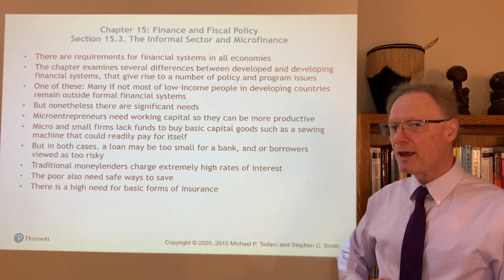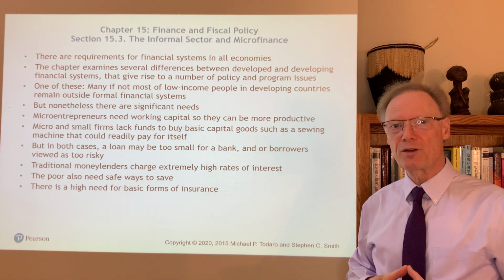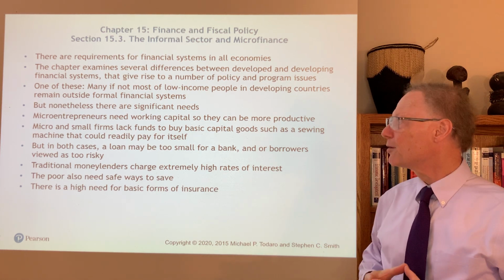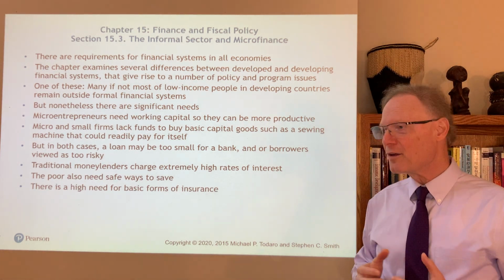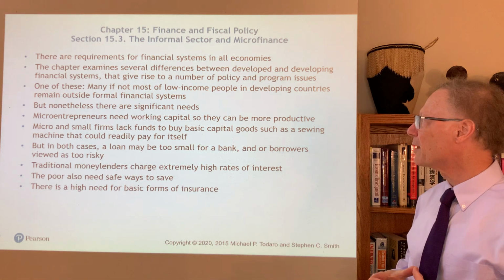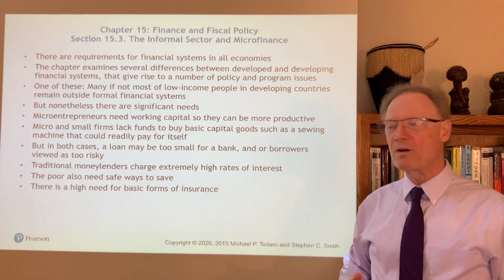The chapter explains and examines several differences between financial systems in these range of developing and developed countries, as well as differing fiscal matters as well. And these give rise to a number of policy and program issues.